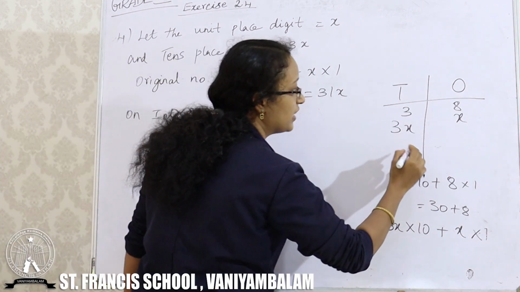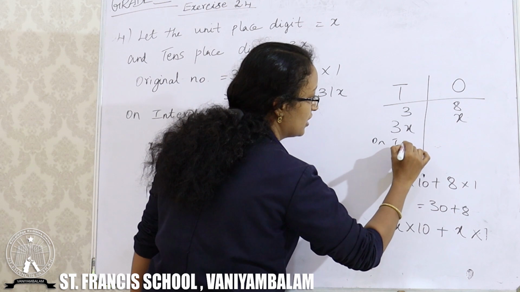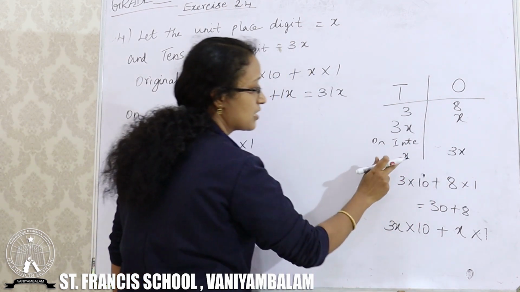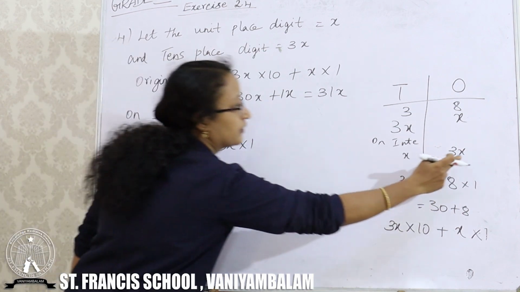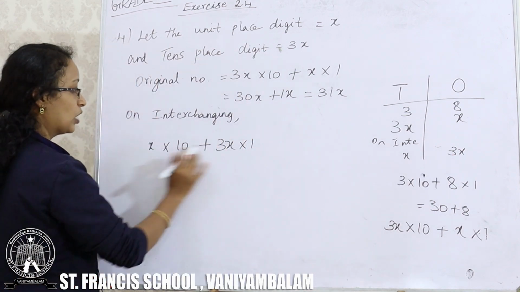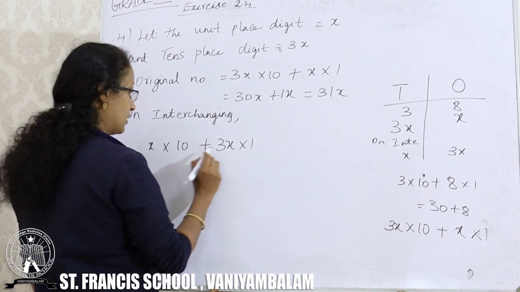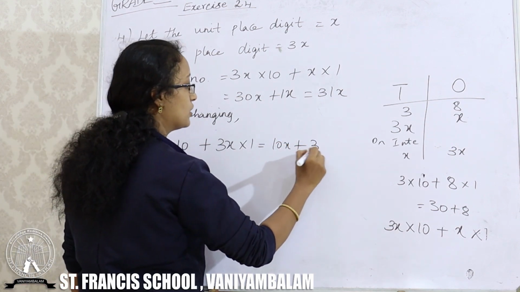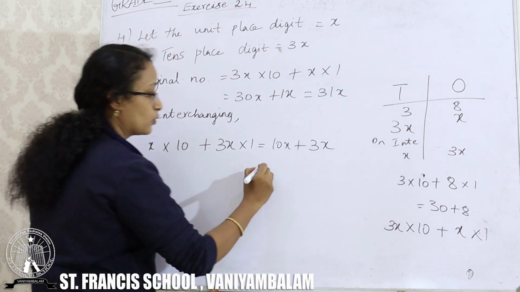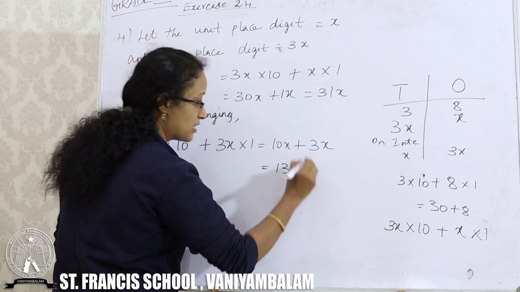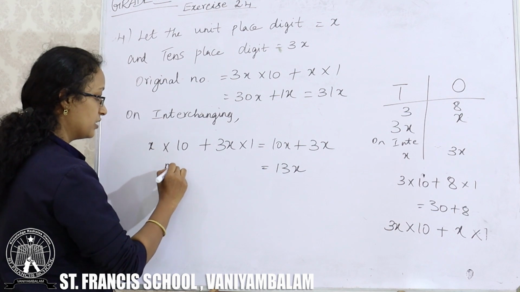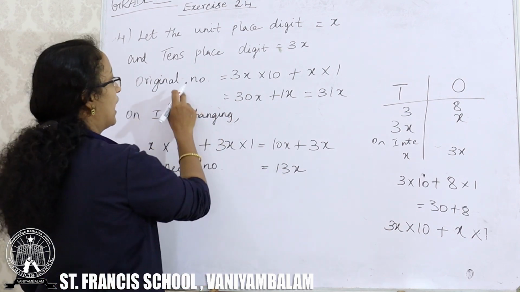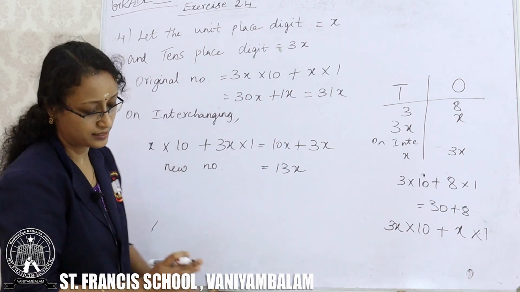So you will get x in the tens place and 3x in the ones place: 10 into x, 3x into 1. So we got the new number, right? x into 10 is 10x and 3x into 1 is 3x, so 10x plus 3x is your new number. The new number is 13x and the original number is 31x.